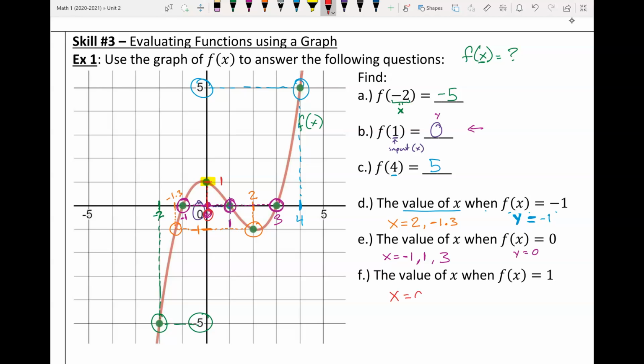So x value of 0, but we have more than that because I can come over and have another point at positive 1. And that one, again, we're going to have to estimate, but I'm going to say that's about positive 3.3.